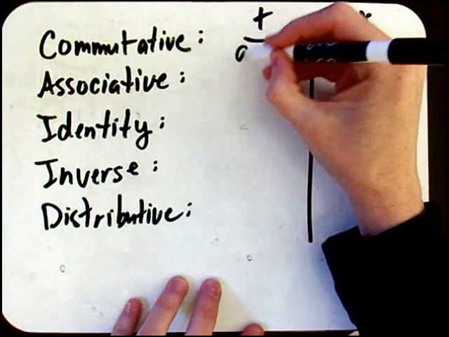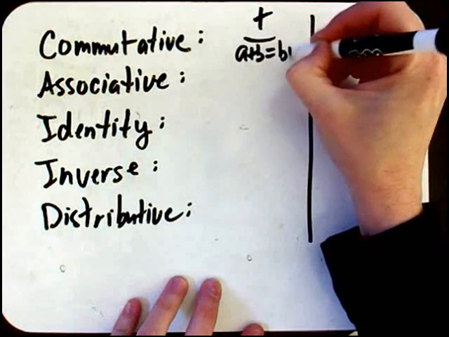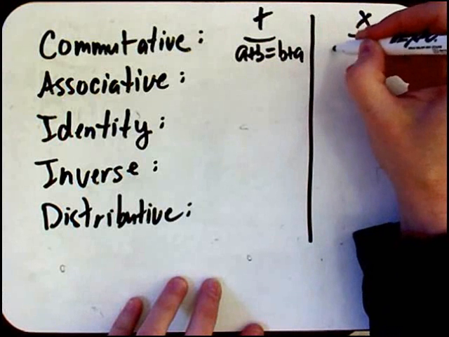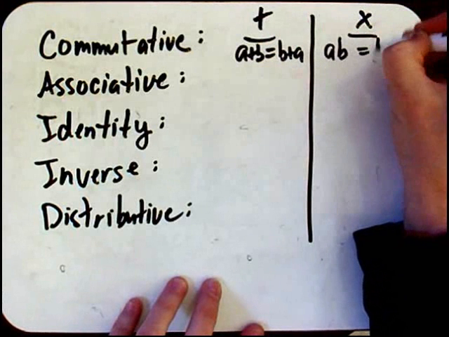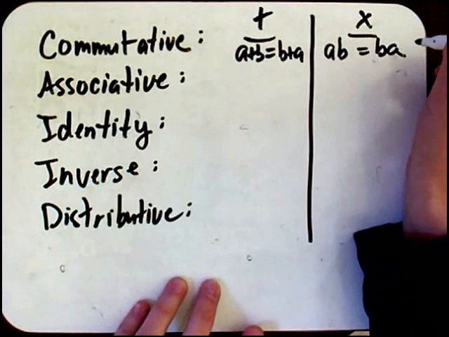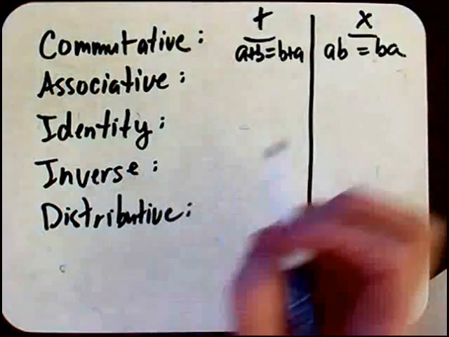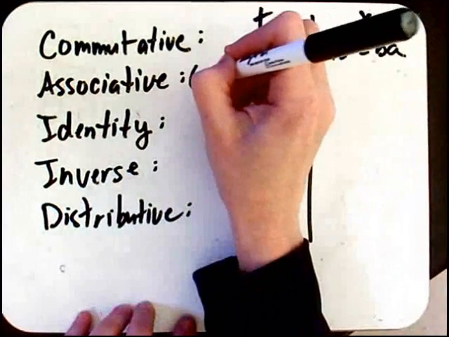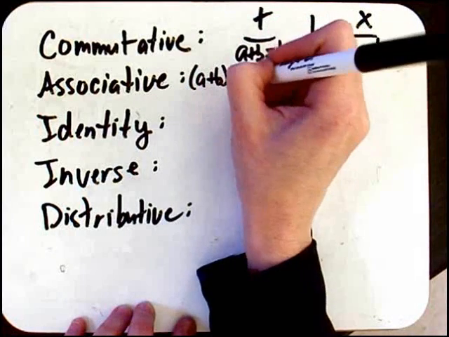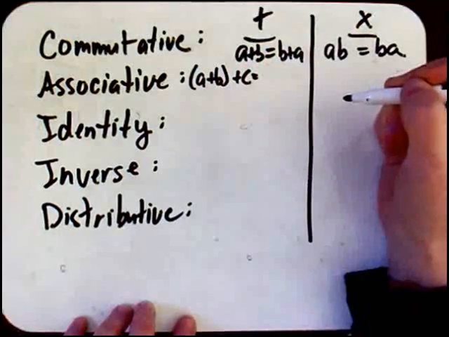So commutative, A plus B equals B plus A. For commutative for multiplication, A times B equals B times A. Now, the associative property, we have, in parentheses, A plus B, close parentheses, plus C. We can rearrange this any way we want.